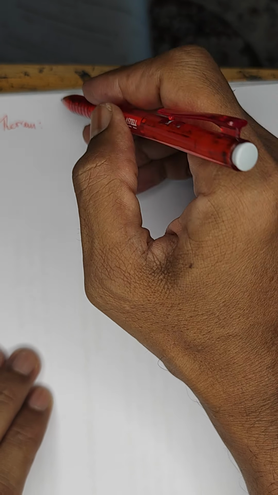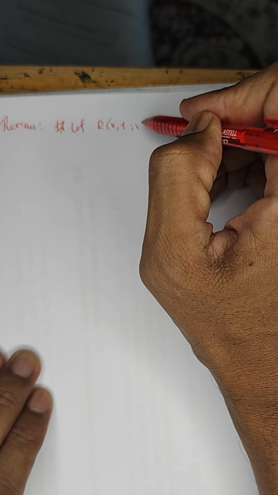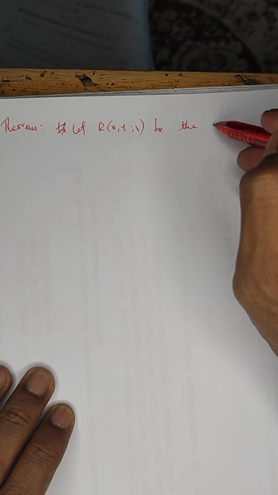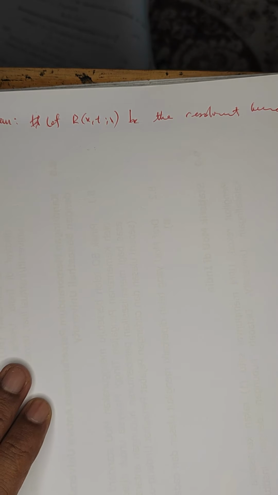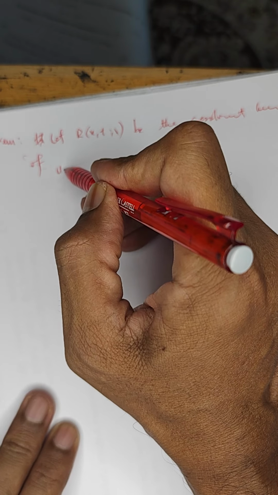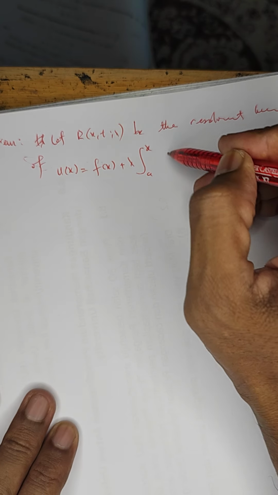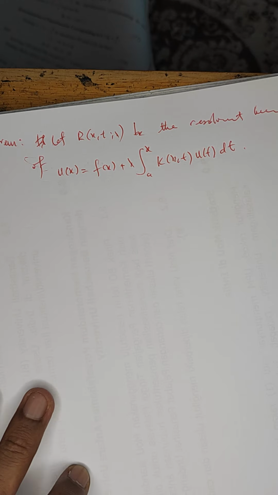This theorem says that let R(x,t;lambda) be the resolvent kernel of the Volterra integral equation, u(x) equal to f(x) plus lambda integrate a to x k(x,t) u(t) dt.